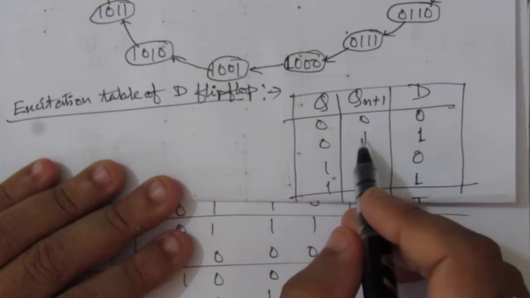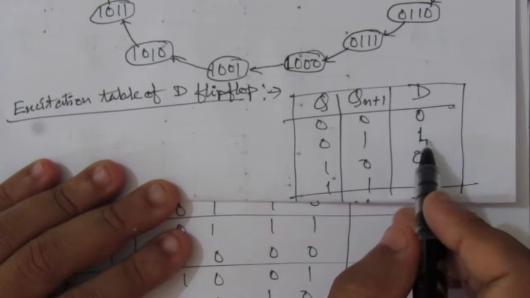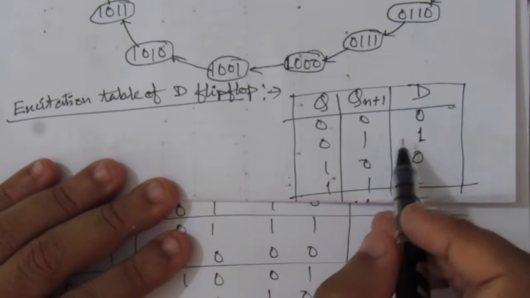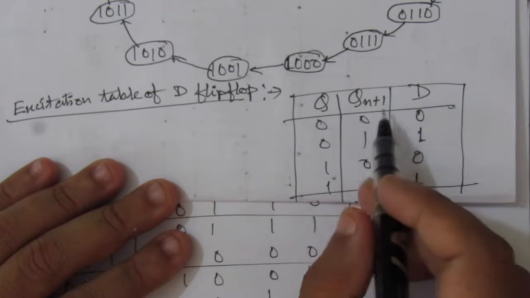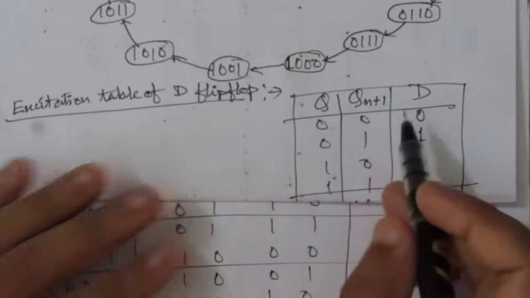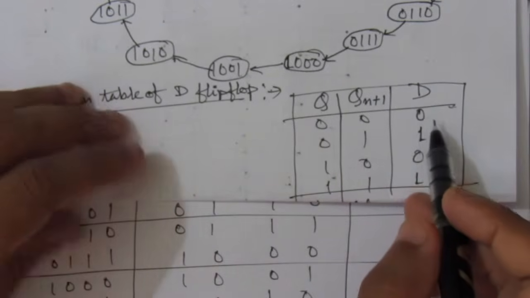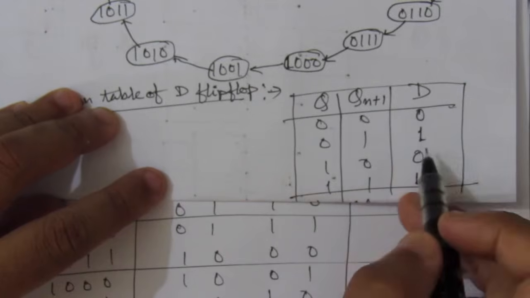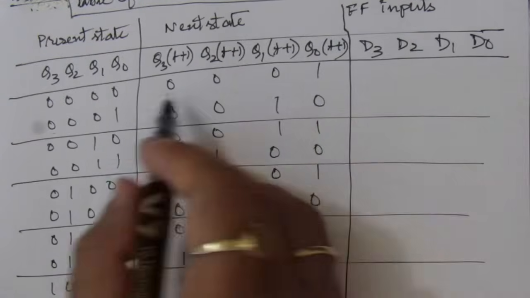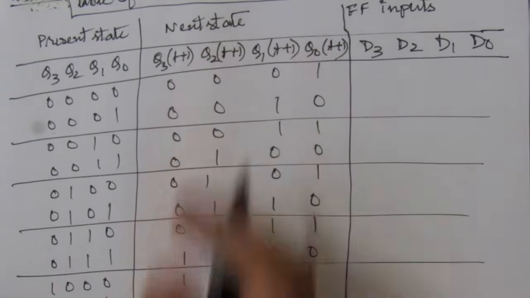Whatever we want at the output, we apply at the input. So the D input is equal to Qn plus 1, that is, the next state. These 4 columns will be similar to the next state columns.